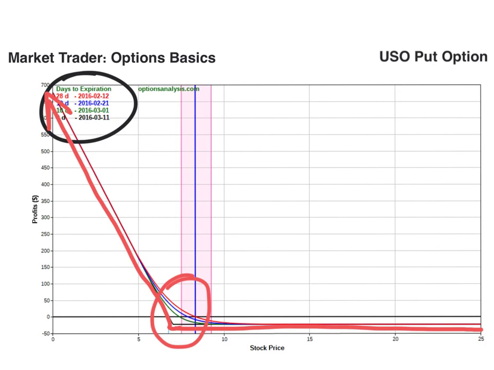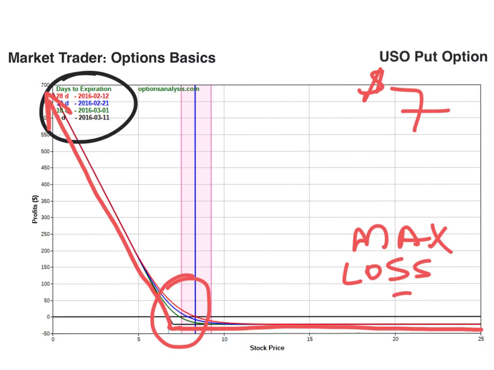So let's just call this a $7 strike put option. That means anything above $7, this option will not make any money. In fact, our maximum loss looks like it's going to be about halfway between 50 and 0. So we'll say that our max loss is going to be $25.